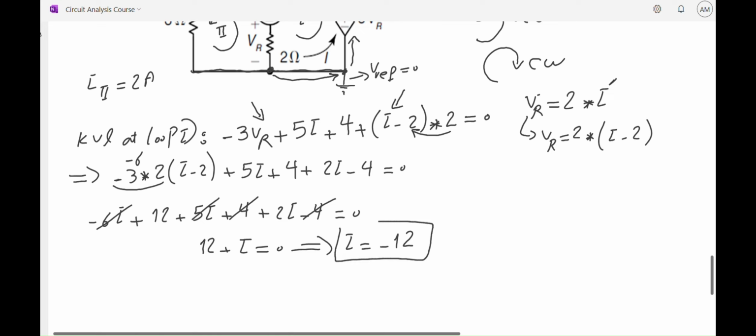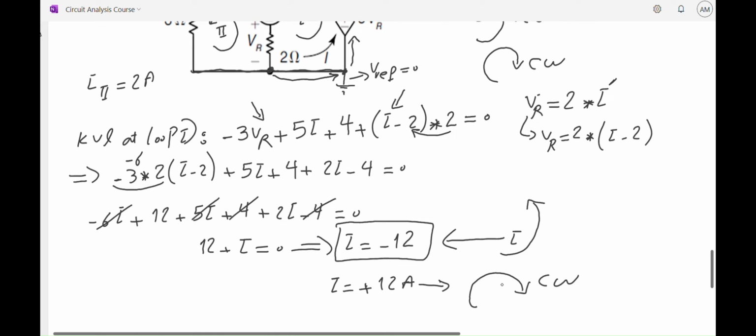If I consider this direction, which is assigned in this circuit, that's the correct answer. By the way, if someone asks the real amount of I, you might as well say current is positive 12 amp, but you need to remember, if you want to announce positive 12 amp as your answer, you have to consider the current direction as clockwise.